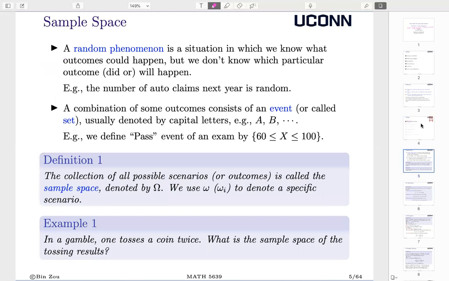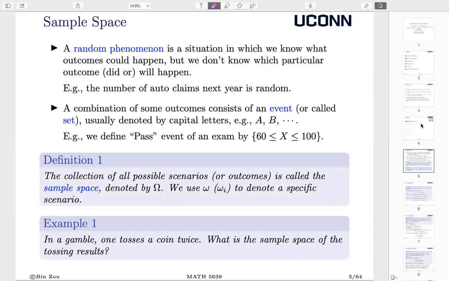Let's start with the first item, which we call the sample space. A random phenomenon is a situation in which we know what outcomes could happen, but we don't know which particular outcome will happen. So let's say in this course, in the end you will get a grade. It ranges from A plus, A minus, all the way down to fail.